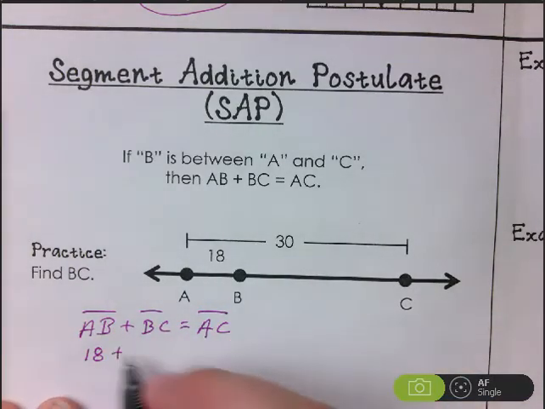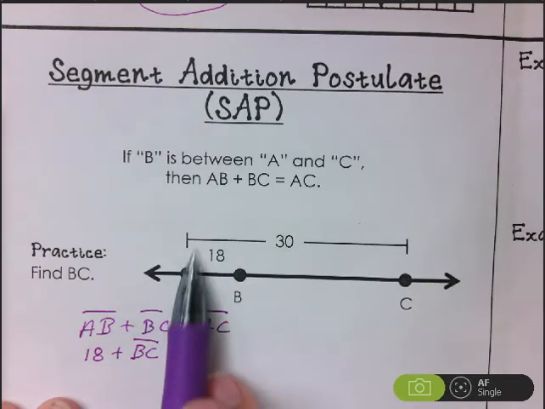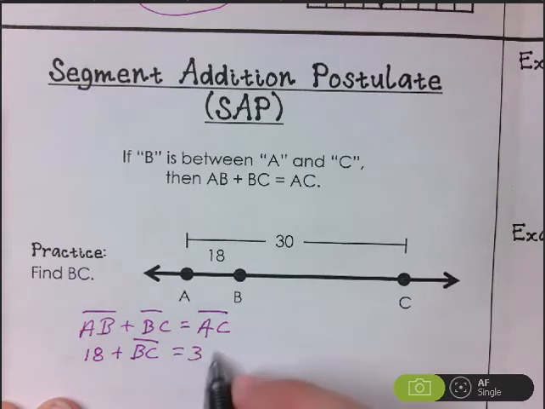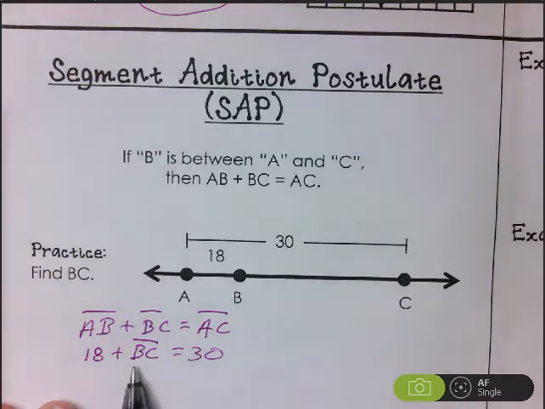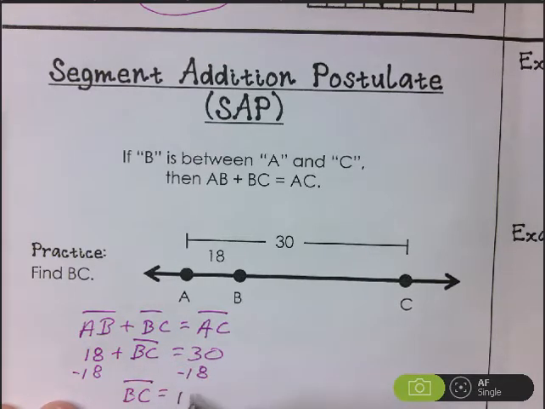I don't know BC, so I'm going to leave BC in there. Equals AC, and it tells me AC is 30. So 18 plus what gives me 30? I can subtract 18 from both sides, and I end up with BC equals 12. BC equals 12 units there.